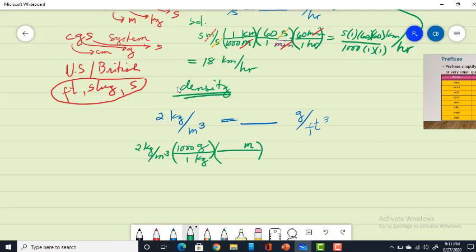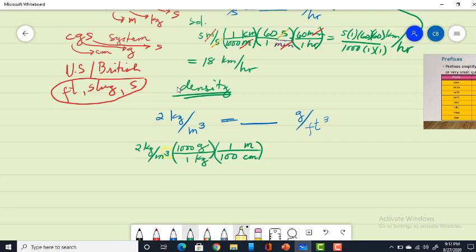And then, let's have first a detour. Don't go to feet cube yet. So why not use centimeter first? Okay, centimeter. So what's the equivalent? In 1 meter, there are 100 centimeter. But then we have a problem. Take note of this 3 in here.